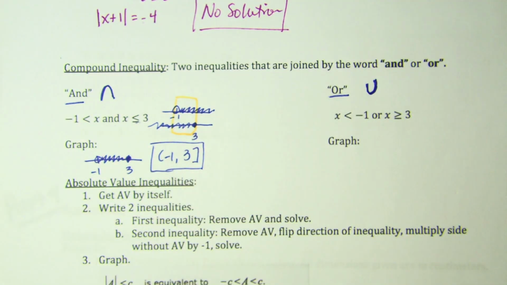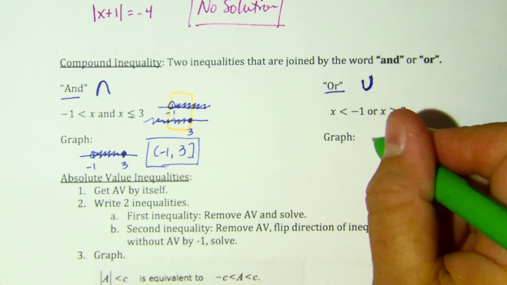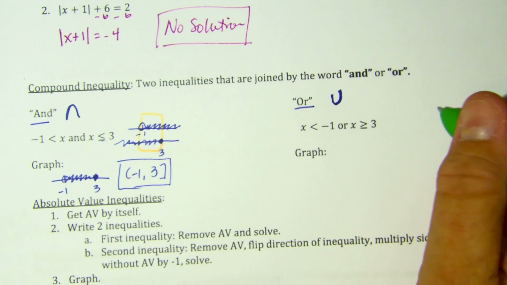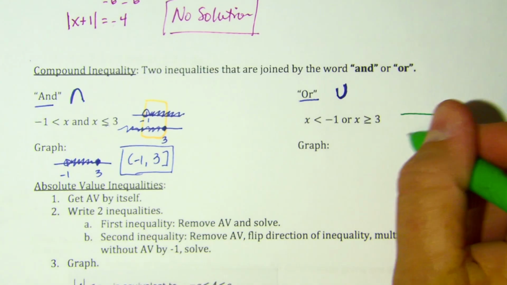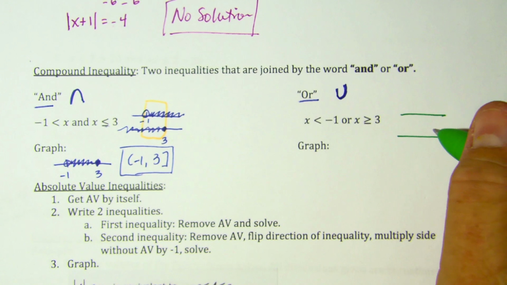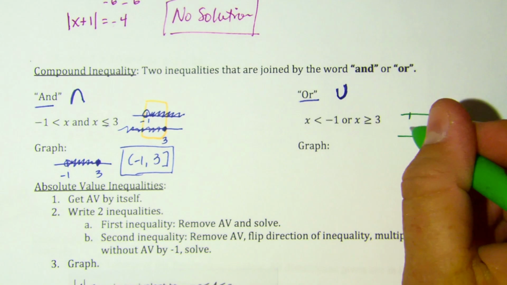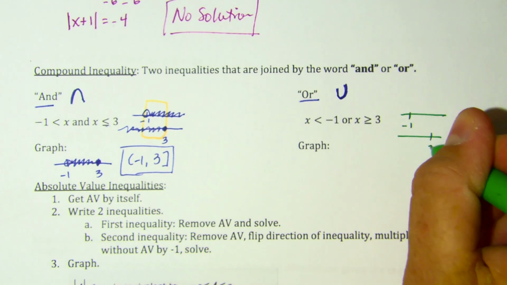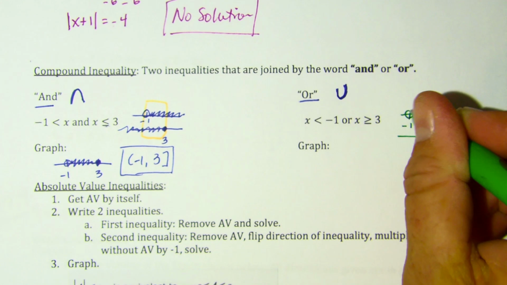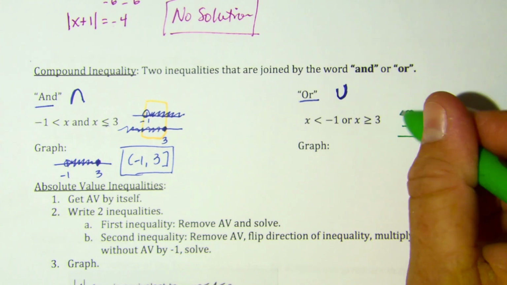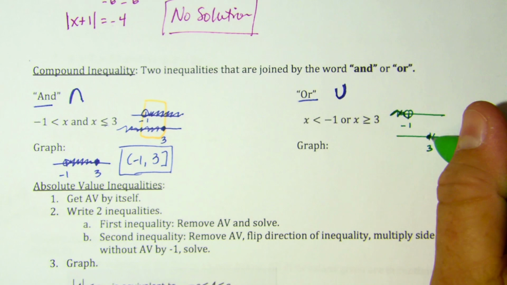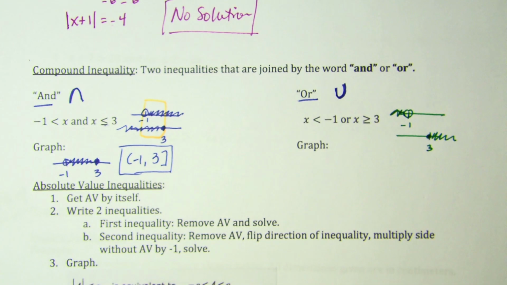All right, and then the next one is very similar, and we have x is less than -1, so let's go ahead and graph them separately first. And it says or.